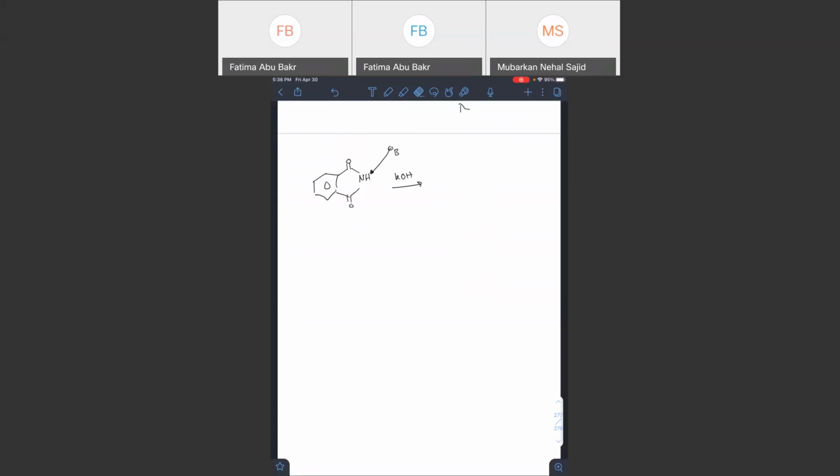Actually, I should write it out, because that's not very obvious. The strong base comes and attacks the hydrogen, so then we get a negatively charged nitrogen in that position.